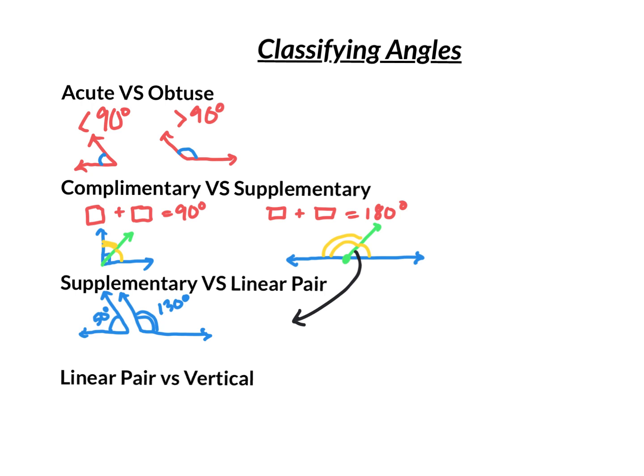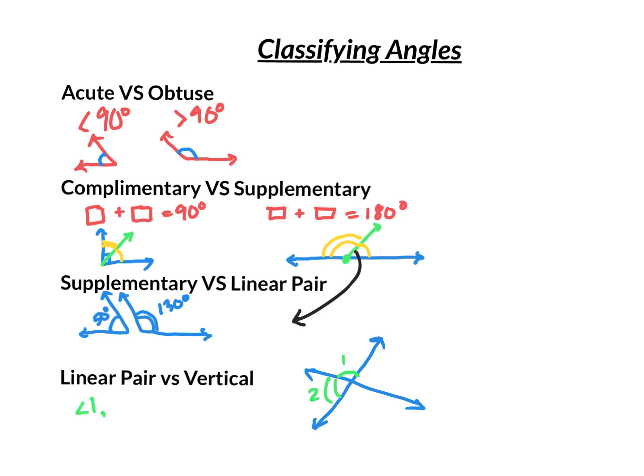And our last way of classifying, again, if I were to draw this, two lines that intersect each other, this and this angle, I'm going to number them. Angle 1 and angle 2 make up a linear pair. Okay?